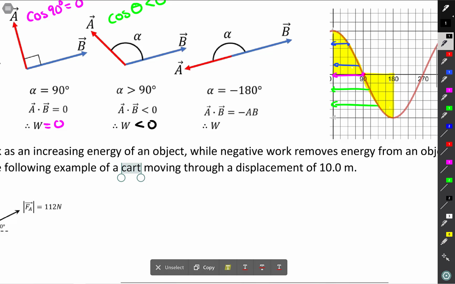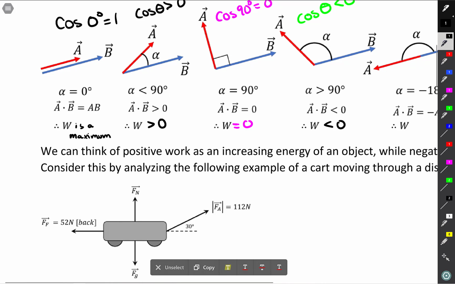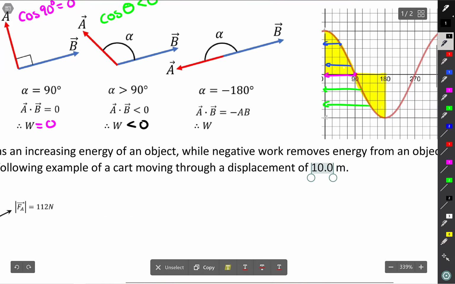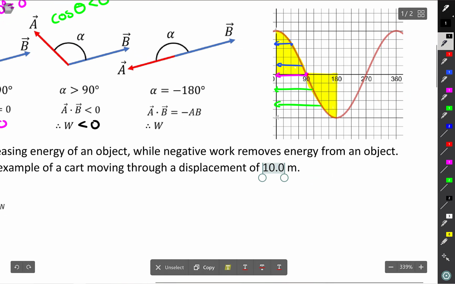All right, now just like 0 was an important point for us when the vectors were pointing in the exact same direction, let's look at what happens if we have our vectors working in opposite directions. So say the force is going left and the displacement is going right. So obviously they are 180 degrees to each other. You can see on our cosine function graph, you get a result of -1.